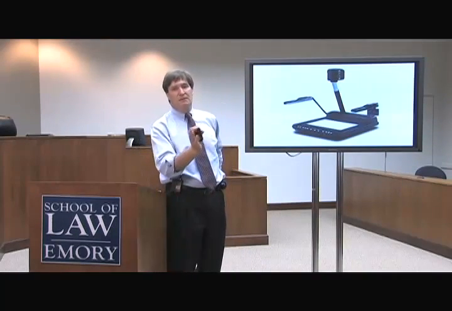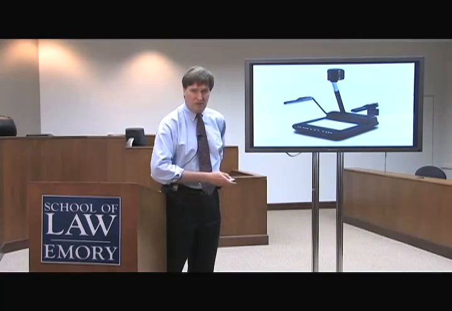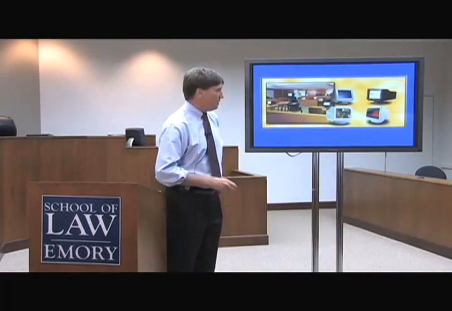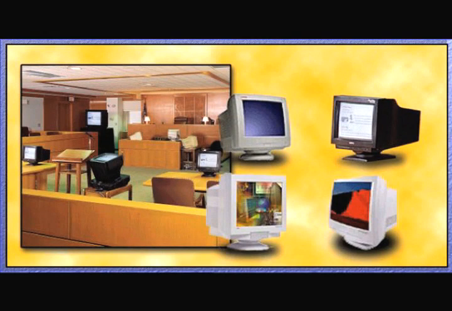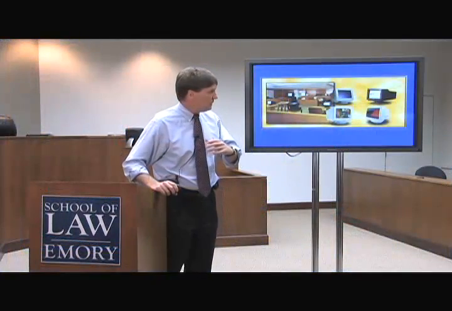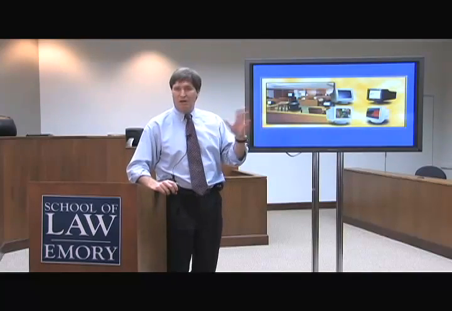All right, now in the number of years that followed the evidence camera, you had these old clunky boxes, remember the looks of these computer screens. And this is actually a picture of the Oregon court. The state of Oregon required that they go paperless in all of its cases.